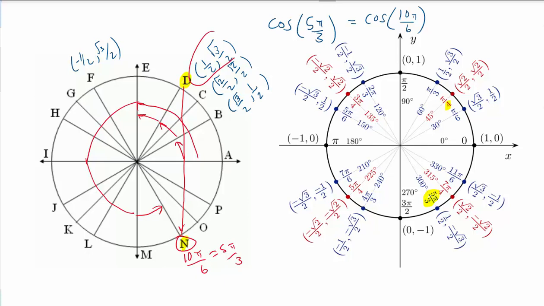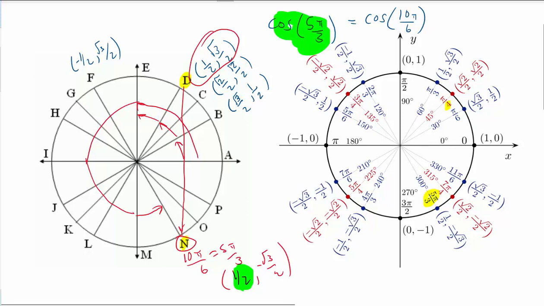So the point here on D, I will make those the labels for point N, except change the sign on just the Y value. So of course, if you wanted the cosine of 5 pi over 3, that would be 1/2. If someone were to ask you for the sine of 5 pi over 3, of course, you would just use the Y value, and that would be negative radical 3 over 2.